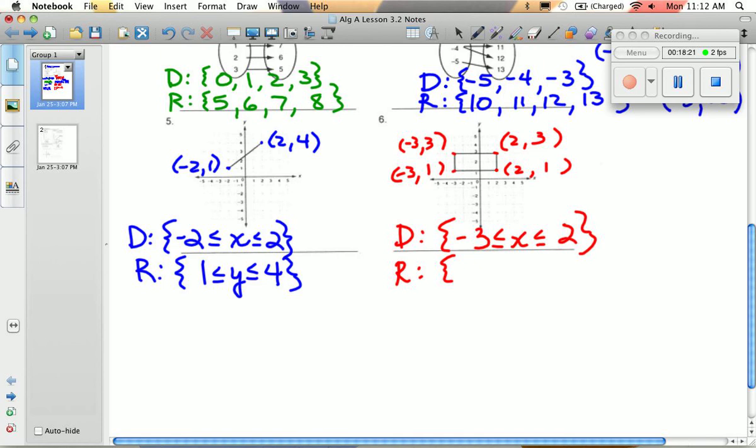Compare with a neighbor. If you're at a table alone, find somebody else that's at a table alone and compare with them.